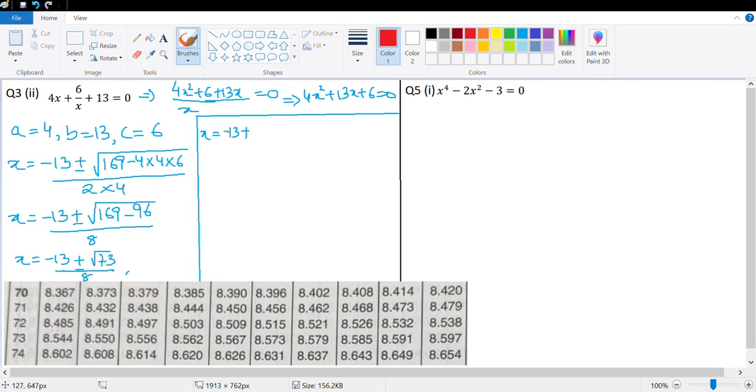I have the table here, which is 8.544. Perfect.